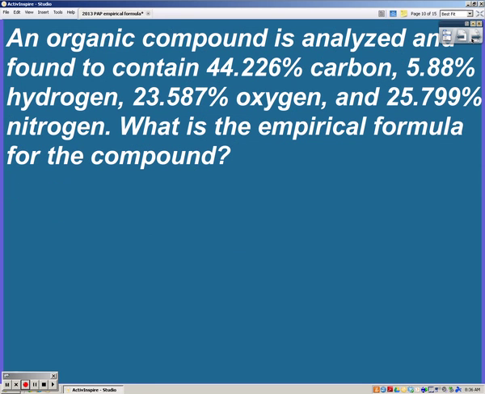So they gave you percents, so we're going to write those as grams, and in this problem we have four elements: carbon, hydrogen, oxygen, and nitrogen.